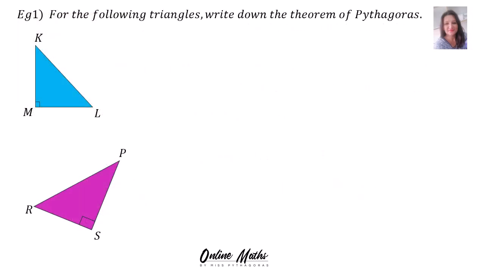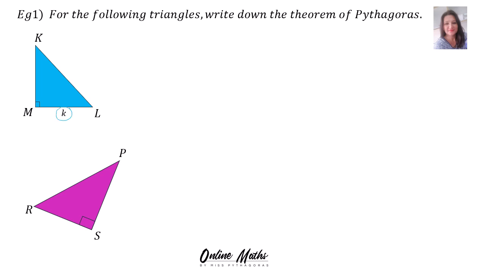Now in this slide I will teach you how to write down the theorem of Pythagoras for different triangles. It says, for the following triangles, write down the theorem of Pythagoras. First of all, I want to teach you something. Did you know that if you look at the first triangle here, you can also label this little side, ML, as little k?